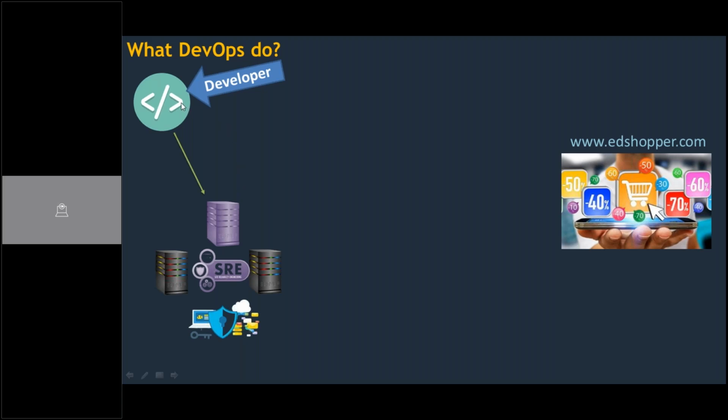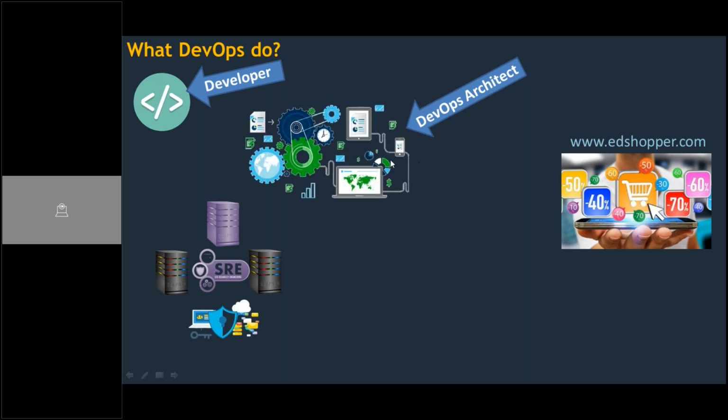Then taking the code from the developers and deploying or running it in the server is something DevOps will do. Again, we can't take the code and put it into the server just like that. There are some steps that we need to follow. The DevOps architects will design a strategy for how code can be taken and put into the servers.